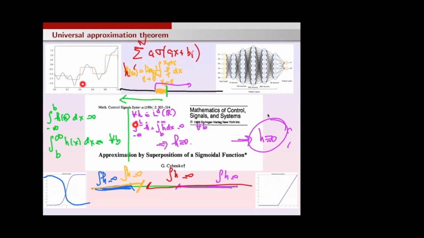And furthermore, I already gave you some hints of how to choose the A, the B, and the C. The B will be located on the interfaces. The A will be regulated according to the slope of the interfaces. And the C will be just in order to fit the size of the jumps.